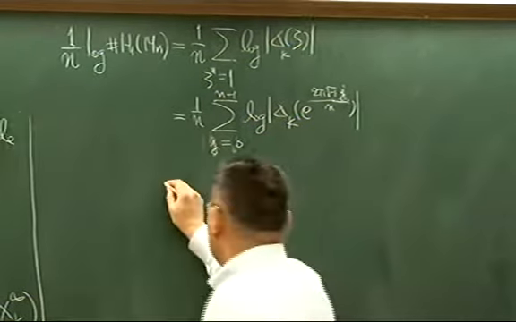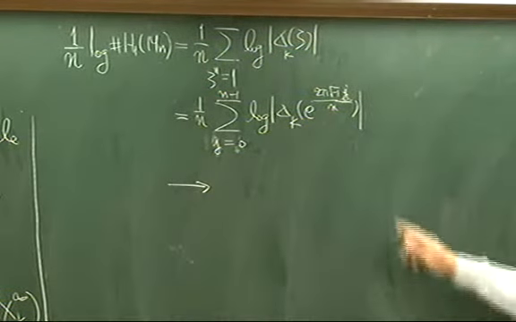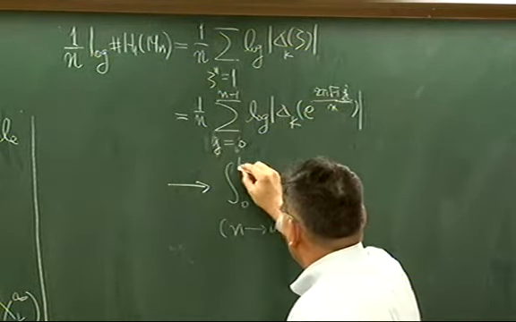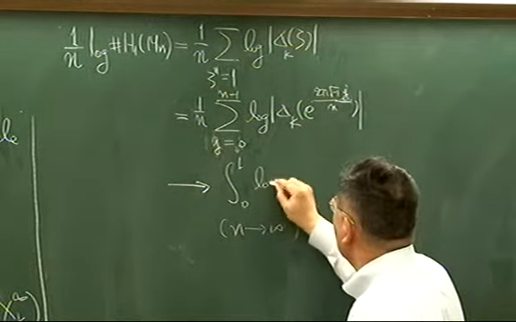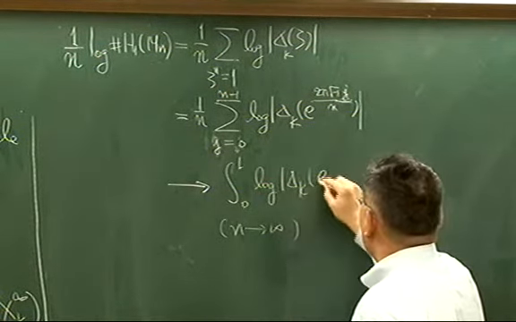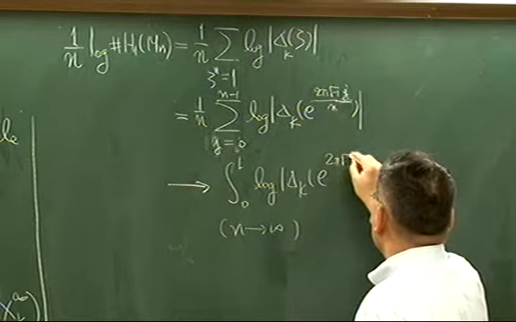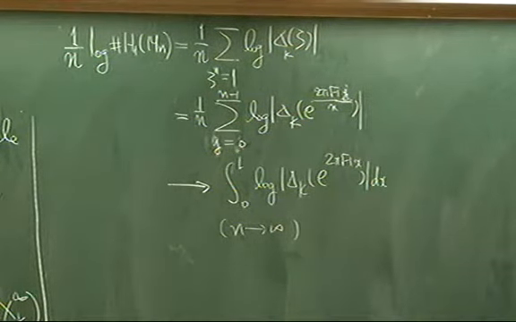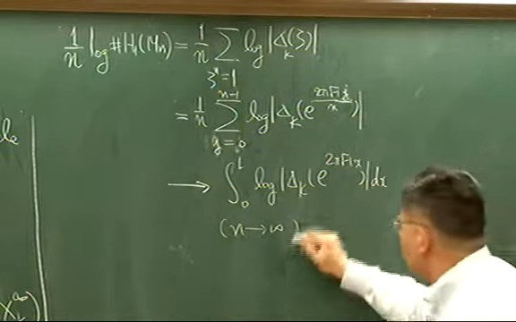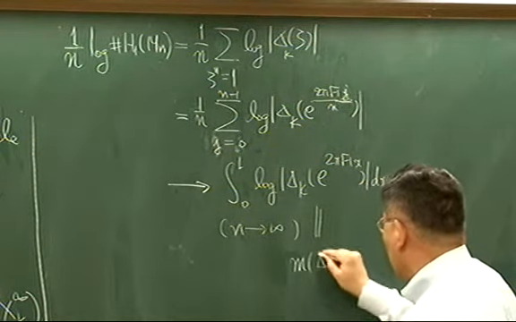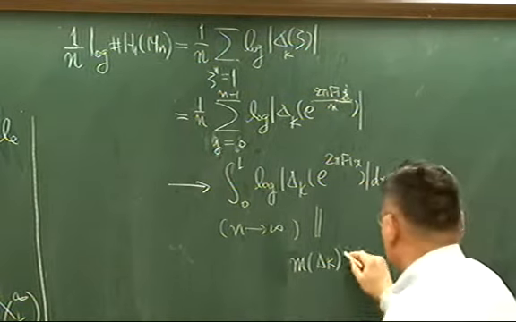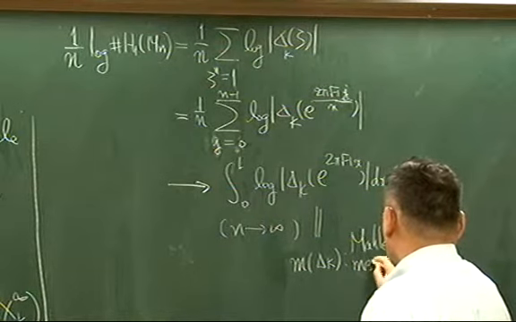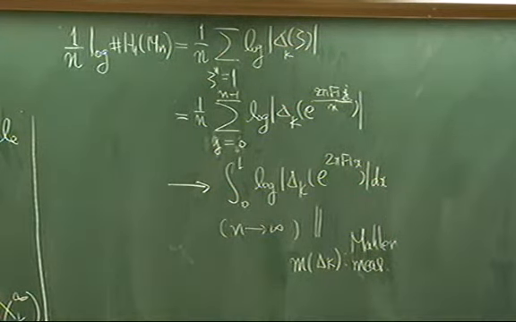Then by high school calculus, if n goes to infinity, this is the integral of the log of Delta_K at e to the 2 pi square root of minus 1 x, dx. This is the so-called Mahler measure of the Alexander polynomial.